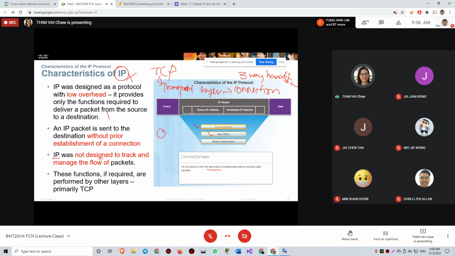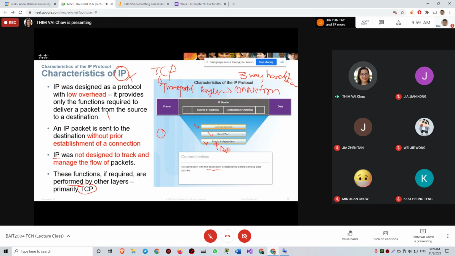So ensuring the data arrives at your destination, and managing the flow of your data to be received by the destination, is performed by TCP. So this function will be performed by TCP. And media independent: under the internet protocol, they do not care about what kind of cable you use and so on. Because of media independence, who is the one who controls the media?